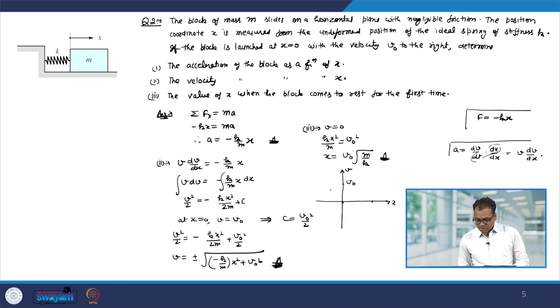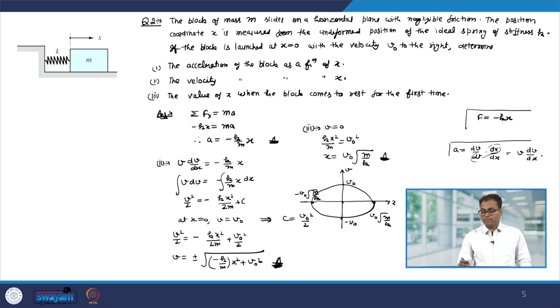And because of this equation v equal to square root of minus k over m x square plus v naught square, it will be an ellipse. So, this is minus v naught, here this point is v naught square root m over k, and this point will be minus v naught square root m over k.